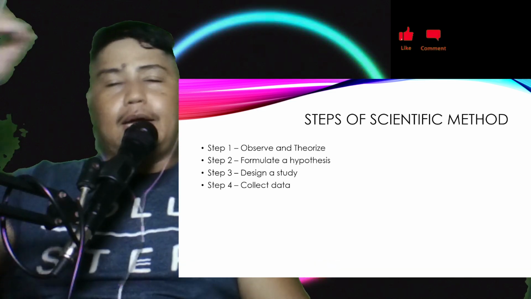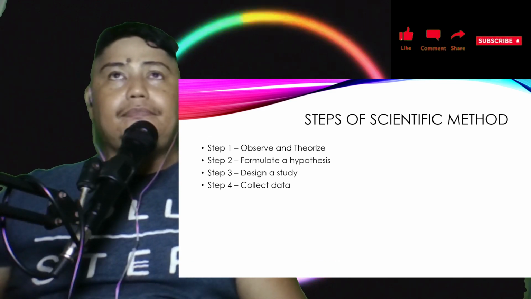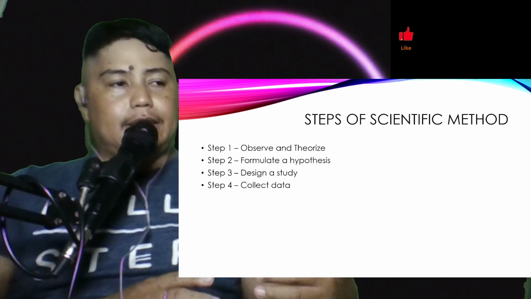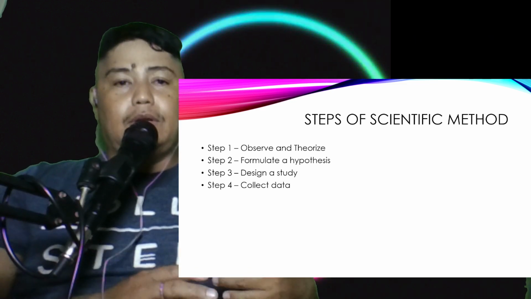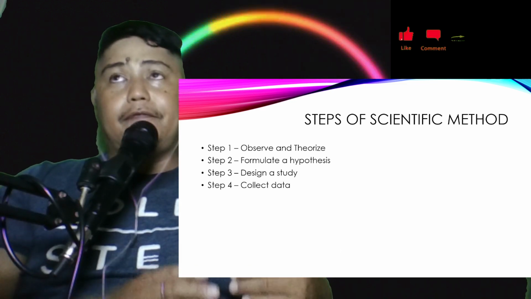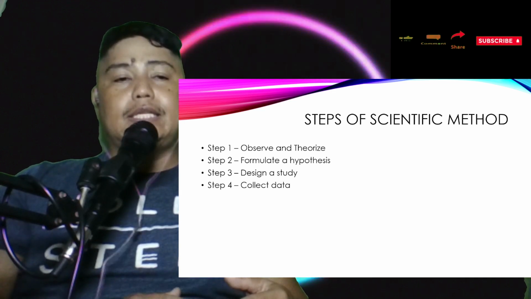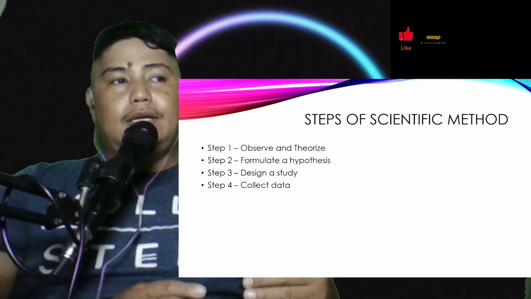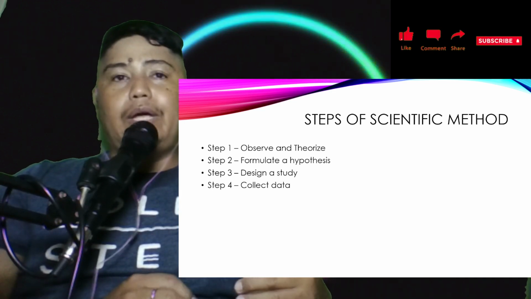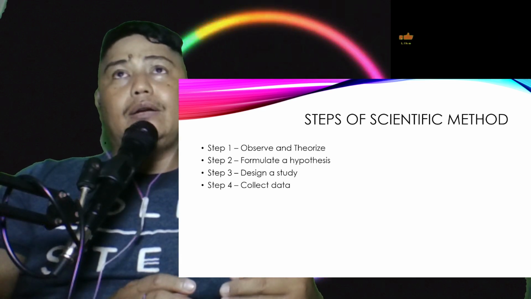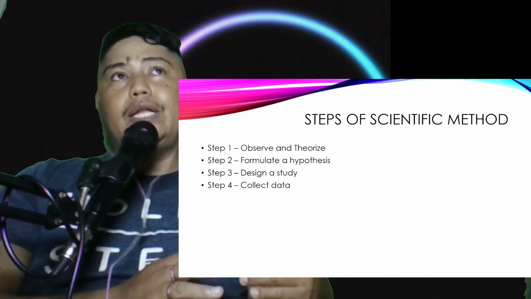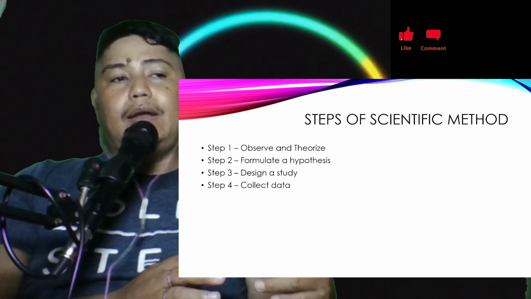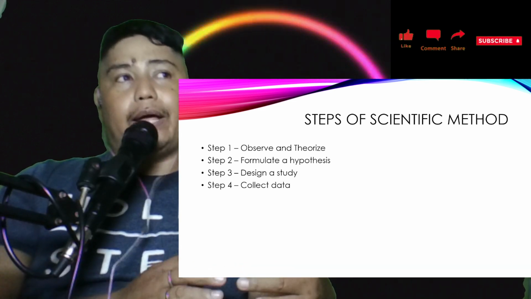Okay, so step 4. This is somehow the most crucial part. After you identify the design, whether you're going to conduct an experiment or collect interviews, surveys, questionnaires, what you are doing is collecting data. For an experiment, be sure it is clear in your mind what kind of data you are collecting.